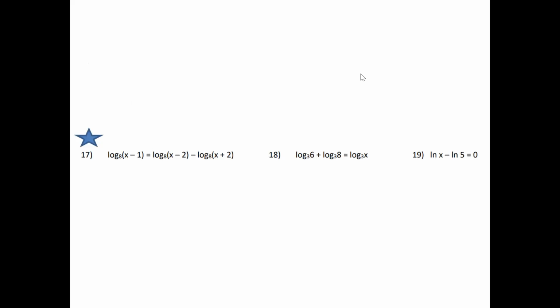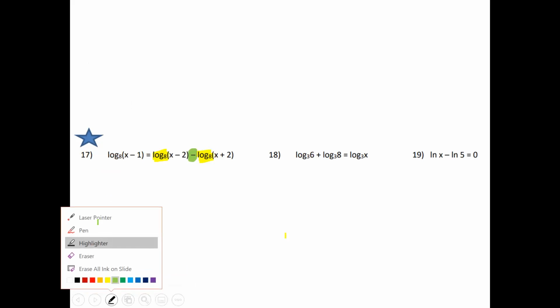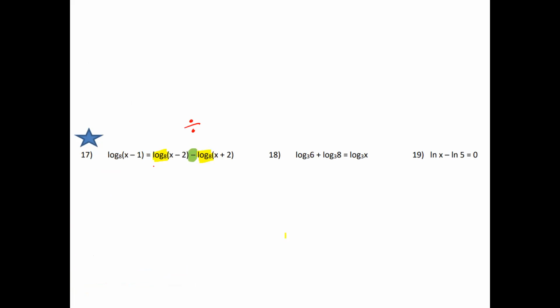So for number 17, if you take a look at this right here, you have a log base 8 and a log base 8 on the same right side. Notice how this one is a minus, so automatically you're like, okay, I'm going to have to divide it. So I'm going to write log base 8 of (x minus 2) divided by (x plus 2) equals log base 8 of (x minus 1).